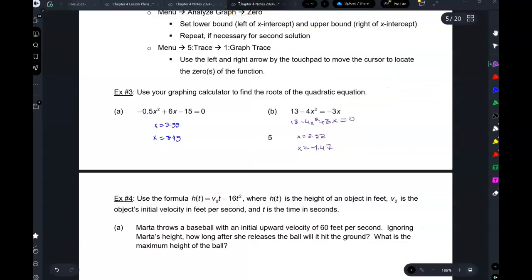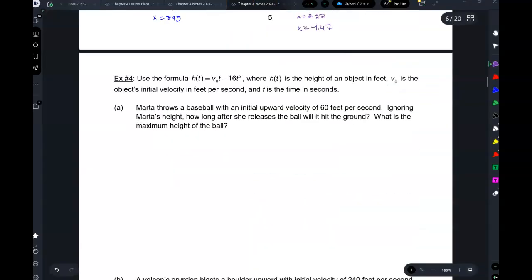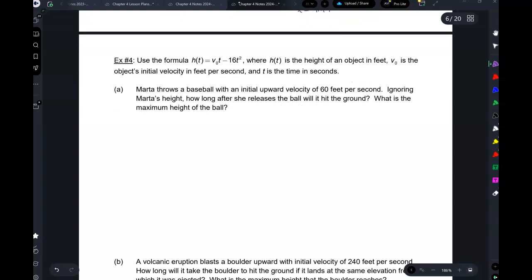Okay, let's move on. So for example 4, it says to use the formula h equals v naught t minus 16t squared, where h of t is the height of an object in feet. Okay, so let's take a look at this.